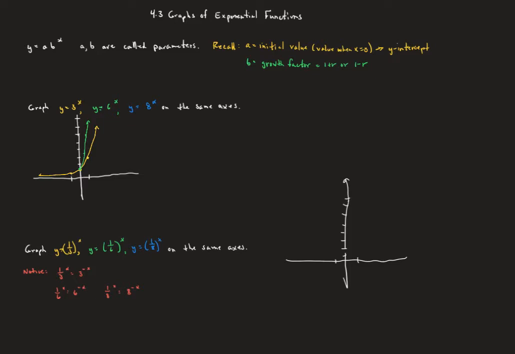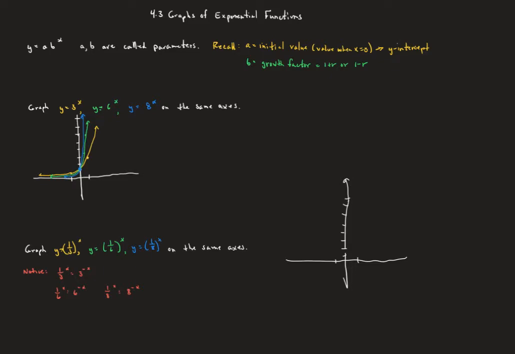That's smaller than 1/3, so it's going to hug the x-axis even faster than y equals 3 to the x as we go to the left. In a similar fashion, 8 to the 0 is also 1, so it shares that point. It's going to be 8 when we get to x equals 1, so it will be even steeper still, and it will also hug the x-axis even faster.